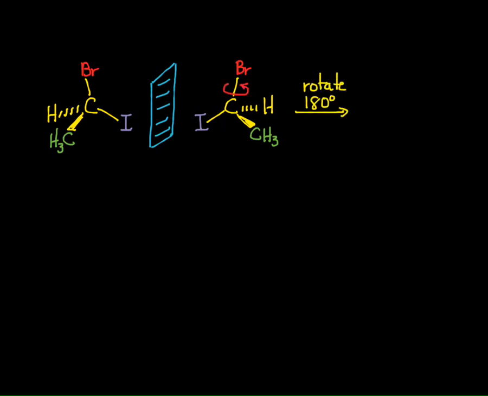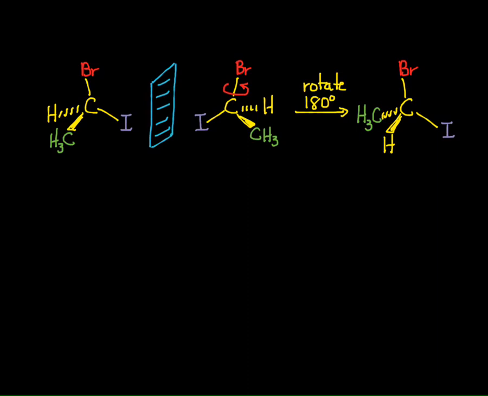And so in the previous slide, I rotated 180 degrees, so I could certainly try to rotate this molecule 180 degrees. And I see when I do so, well, the methyl group swings back. It's now going behind me, and the hydrogen is coming out at me. The iodine is in the plane of the board, but it's going in the opposite direction.